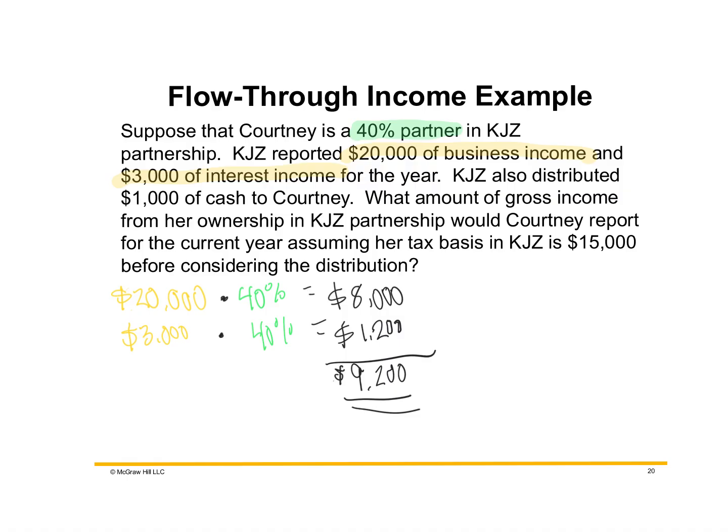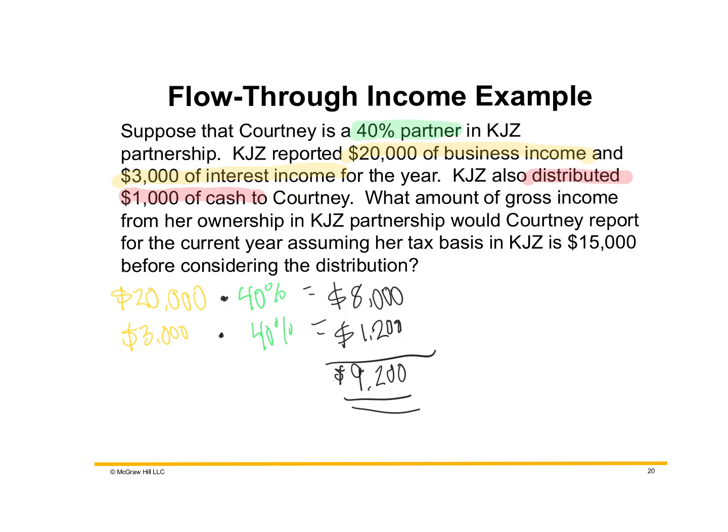So I know what you're probably thinking. What about this $1,000 cash distribution to Courtney? For this, we want to look at this cash distribution in relationship to the basis.